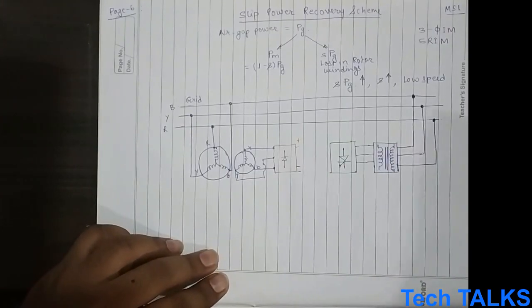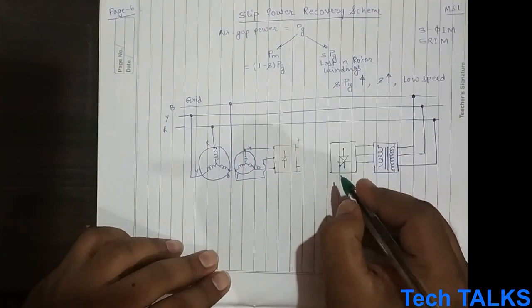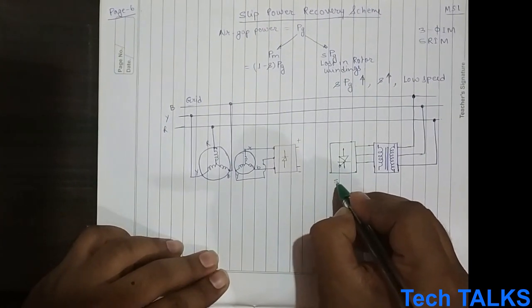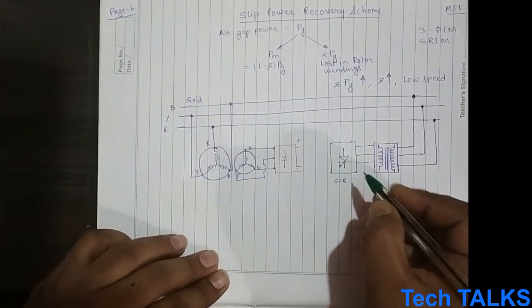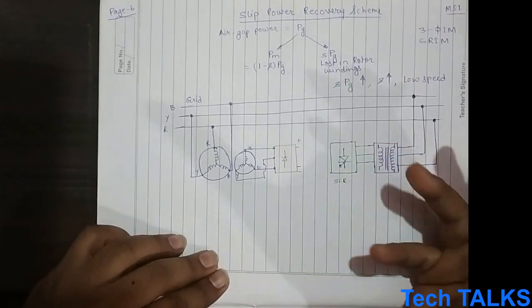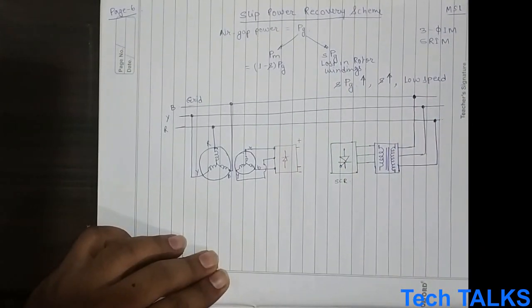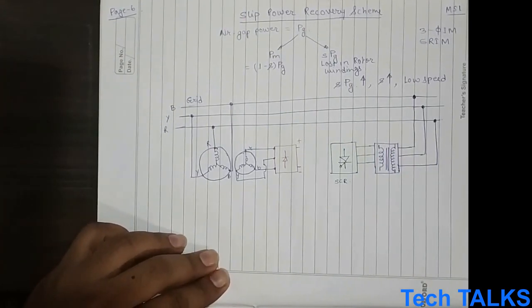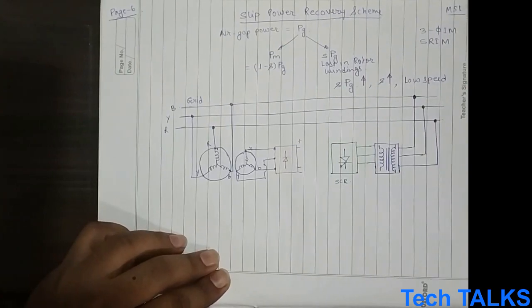When we are using an SCR, it has a property that if you turn it on, it will remain in the on condition until and unless you apply a reverse voltage across it. Whereas IGBT and MOSFET can be easily turned off by using a negative gate pulse.